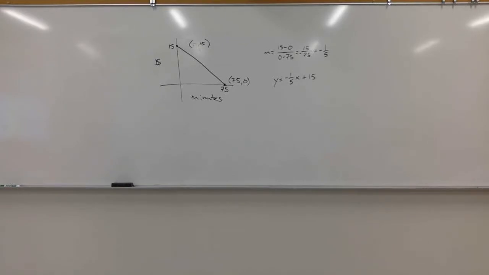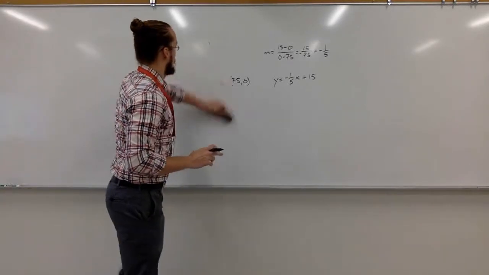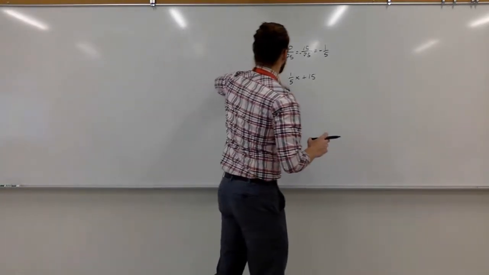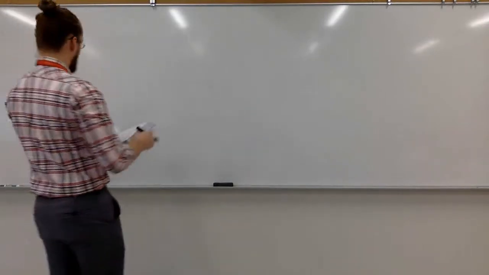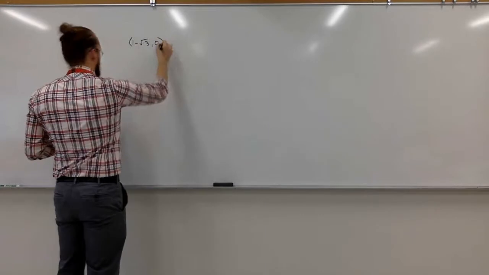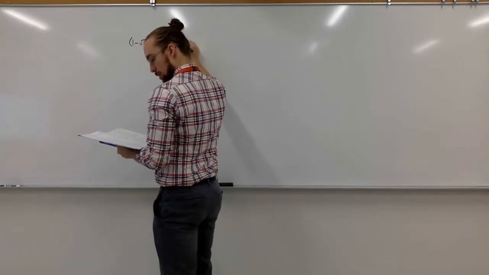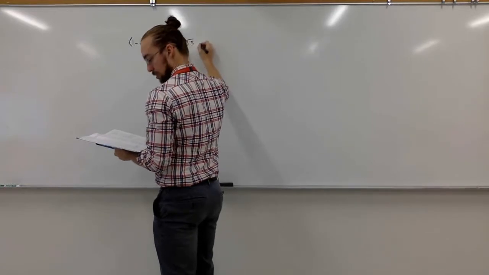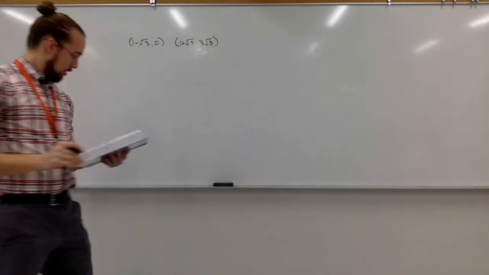On this one, we're just finding slope between these two weird-looking points. Our points are 1 minus the square root of 3, 0, and 1 plus the square root of 3, 3 times the square root of 3.